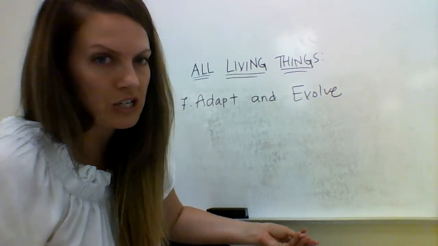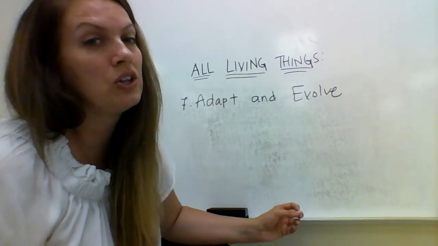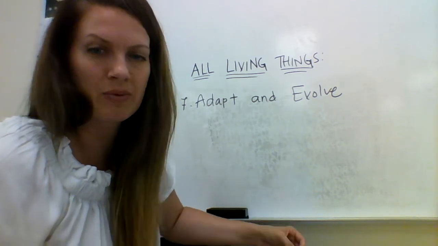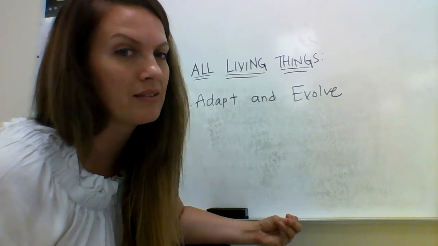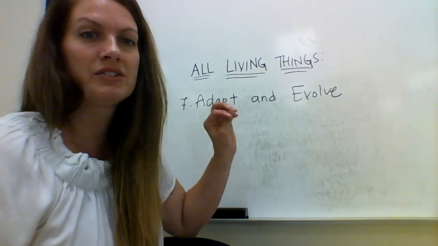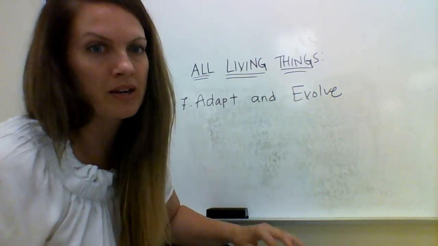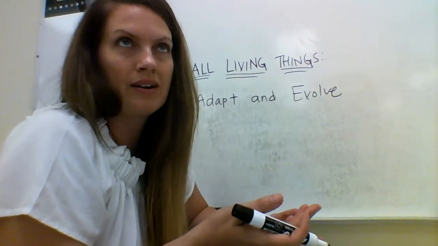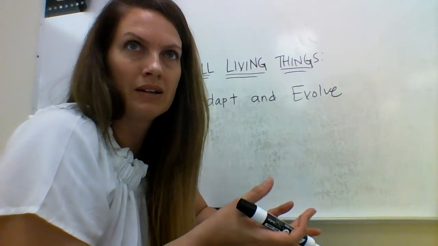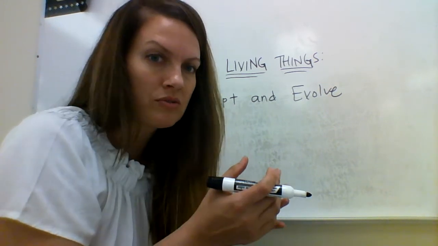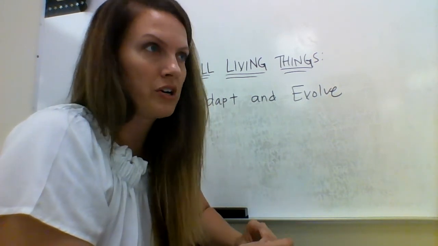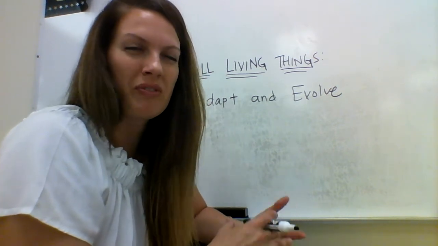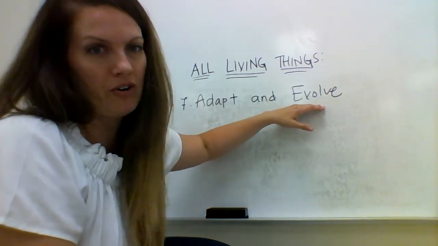So that's an adaptation that has come about over a long period of selection. When I say long, I mean many, many generations of selective pressure from the environment on an already existing variation in a gene pool. And that may be a little tricky for you to wrap your head around yet, but we're going to talk about it a lot when we talk about evolution. But that's what we mean by evolve.